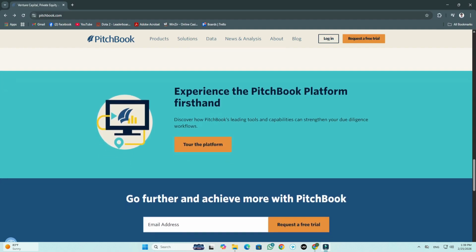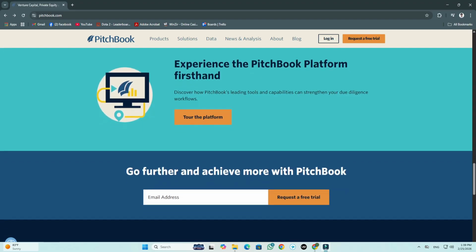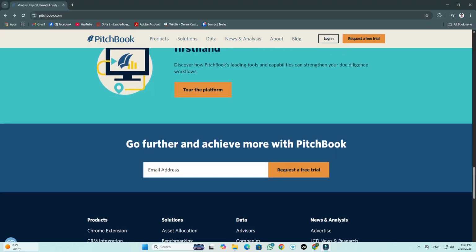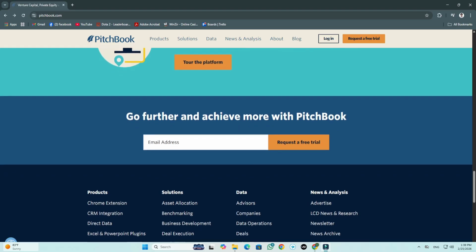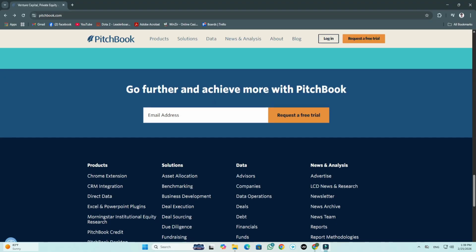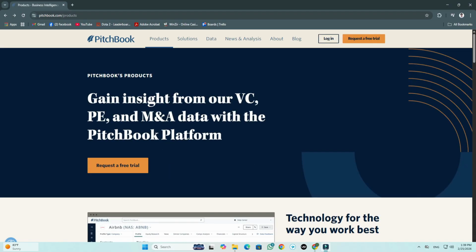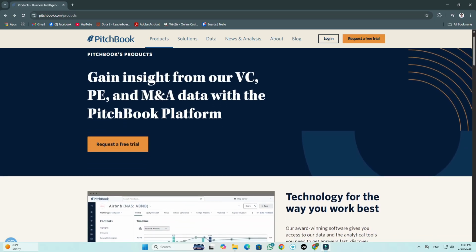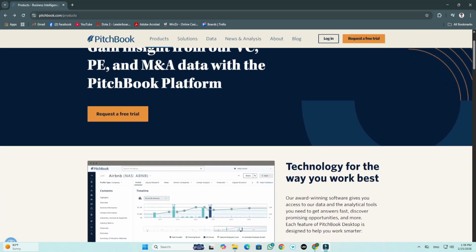Another key feature is the deal intelligence and transaction breakdowns. One of PitchBook's most powerful features is its deal database. It includes comprehensive information on venture capital rounds, private equity investments, M&A transactions, and even debt financing. For each deal, you can see the size, structure, lead investors, company valuation, and post-money value.